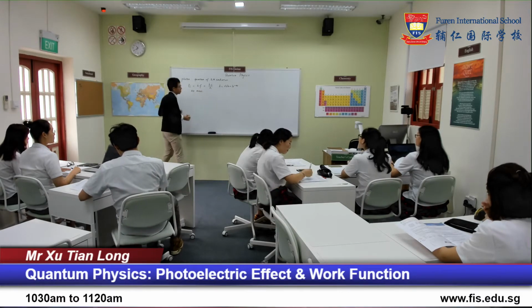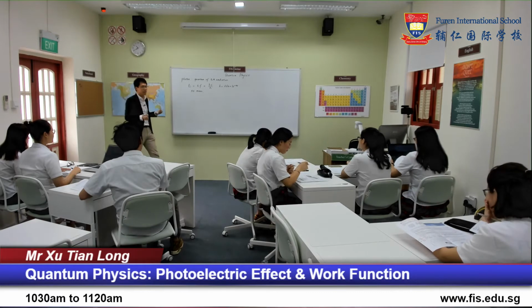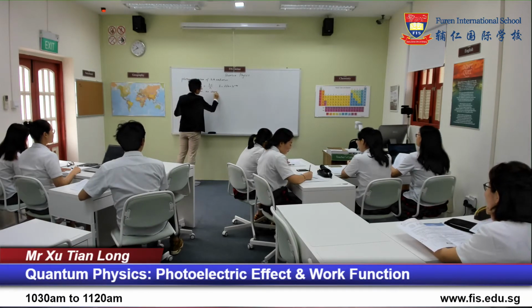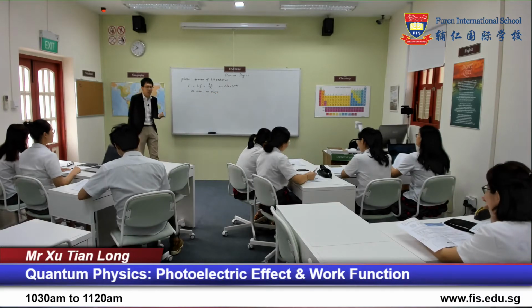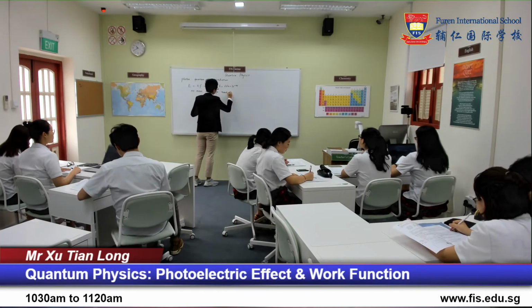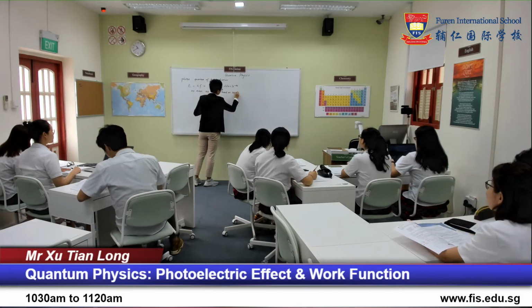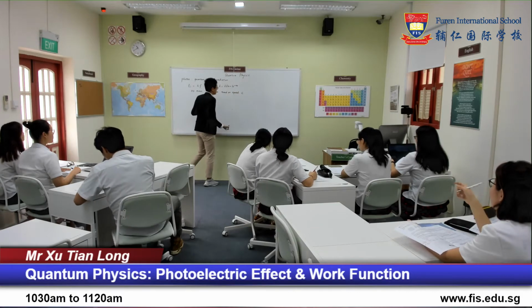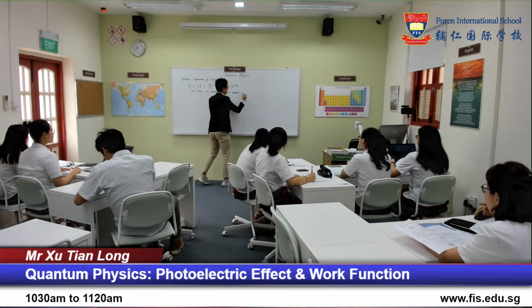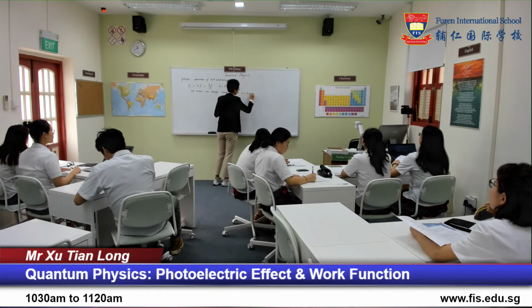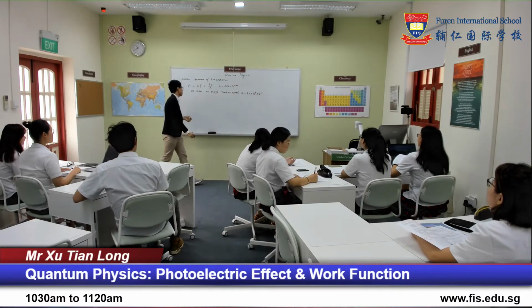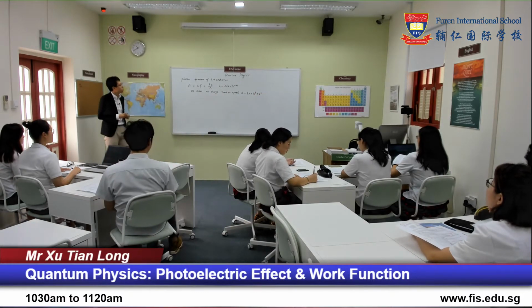Okay, and also no charge, and it travels at the speed of light, right? Okay, and the value of c is 3.0 times 10 to the power 8 meter per second, right? So these are the property of photon.